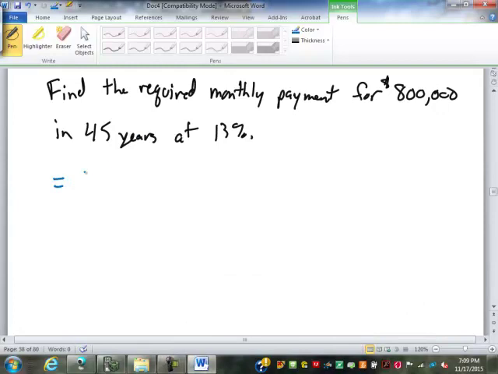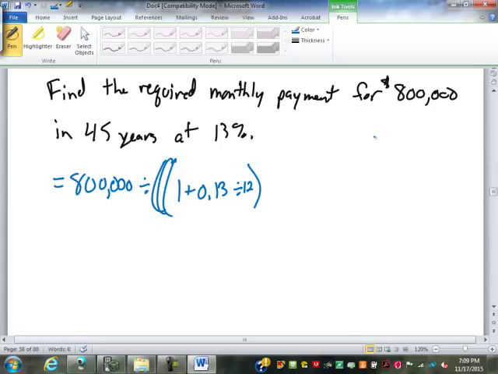So our formula is going to be 800,000 divided by, open, 1 plus 0.13 divided by 12, close, to the power of 45 times 12, which is 540, minus 1, close, divided by, open, 0.13 divided by 12, close and close.